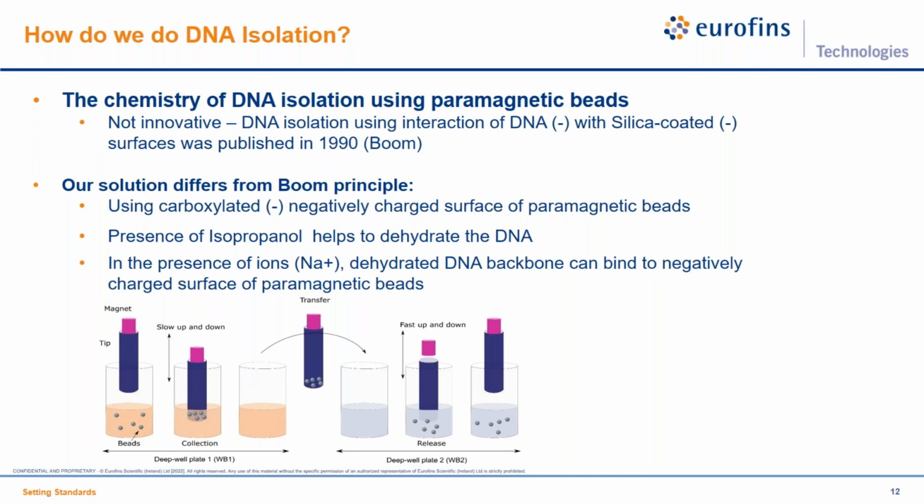So in the presence of isopropanol, that helps to dehydrate the DNA, then facilitating this interaction of the DNA, which is negatively charged in the phosphate backbone, with the negatively charged surface of these paramagnetic beads by sodium ions, which are building the bridge between these two negative charges.